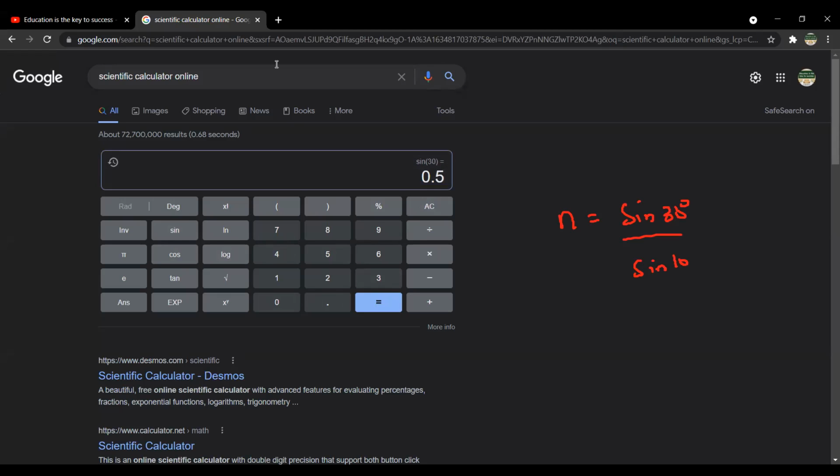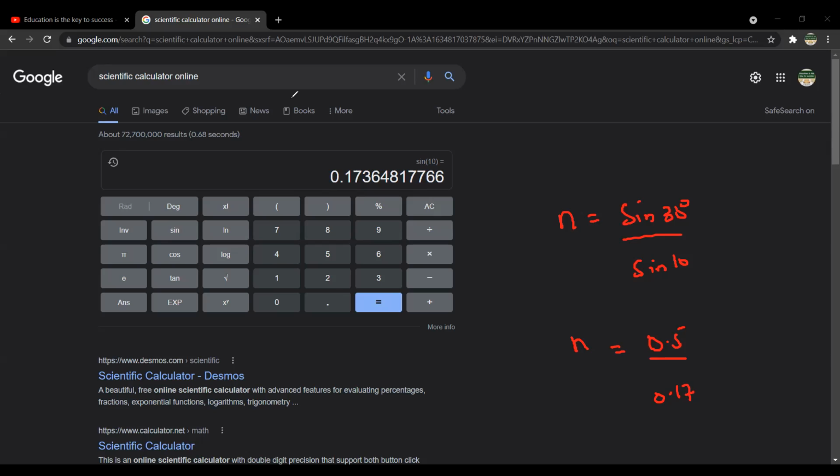Sine 30 is 0.5. Then what about the value of sine 10? Sine 10 is equal to 0.17. Then we just simplify 0.5 divided by 0.17.